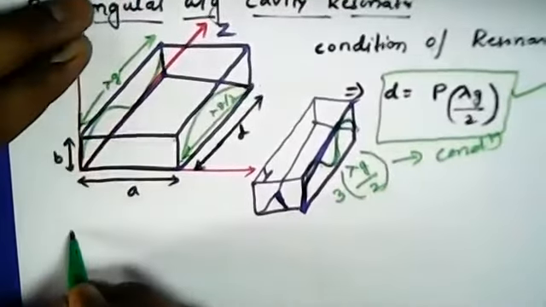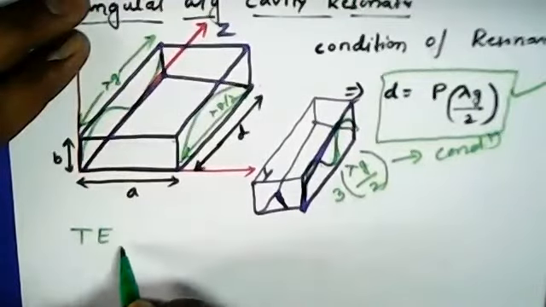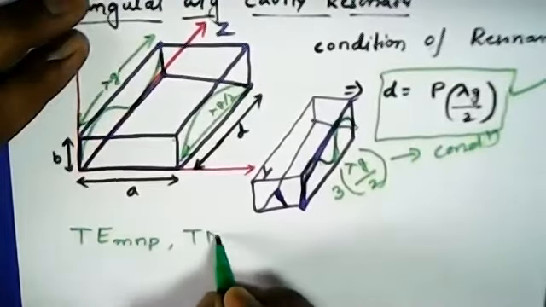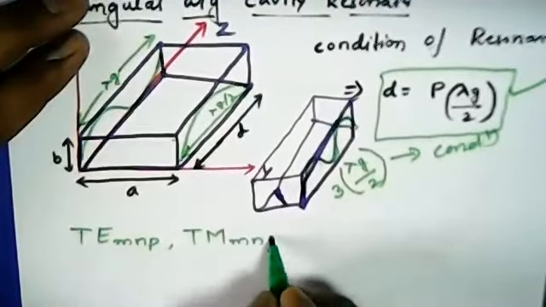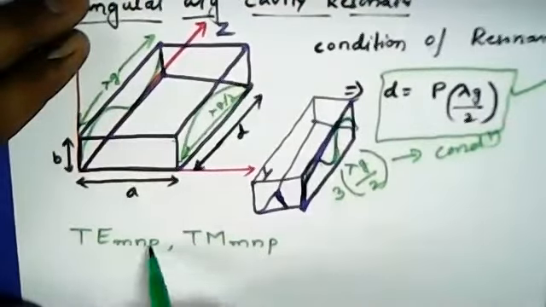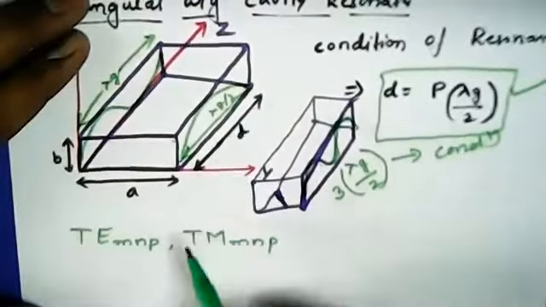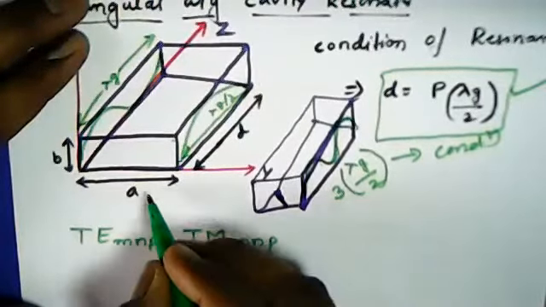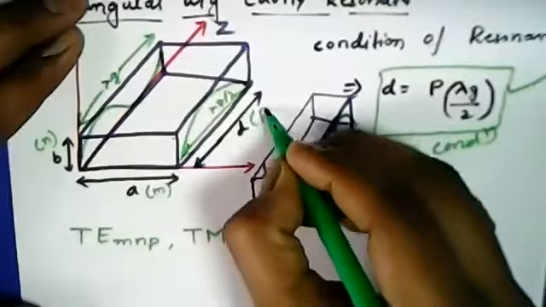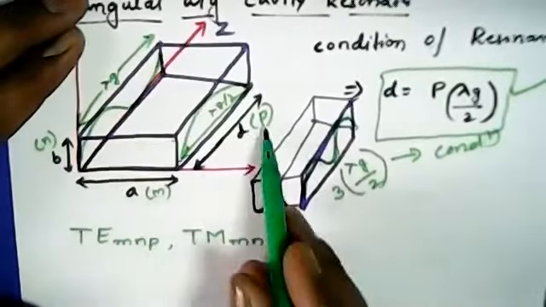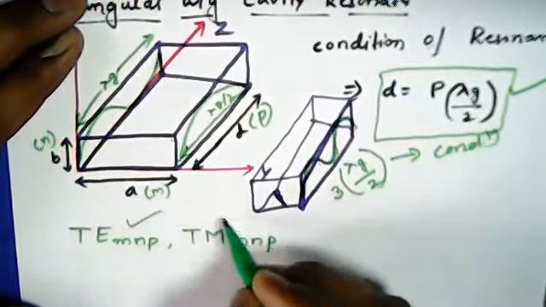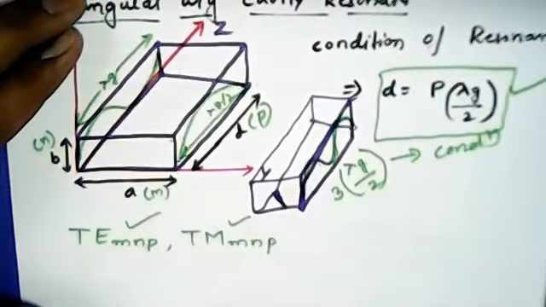Now here there are 3 dimensions, so it is TE MNP, and similarly TM MNP. So there are 2 modes of propagation in the case of cavity resonators, because there are 3 dimensions here, A, B and D. Here we take M, and it takes the value of N and the value of P. So M, N, P are the modes of propagation, and A, B, D are the dimensions, which leads to 2 types of modes of propagation.